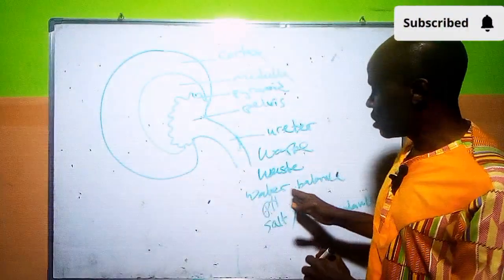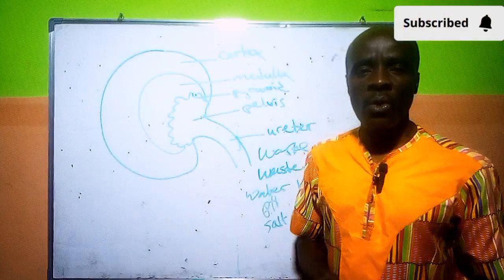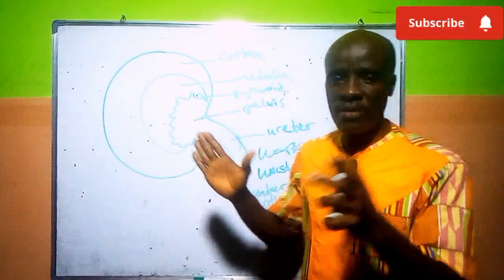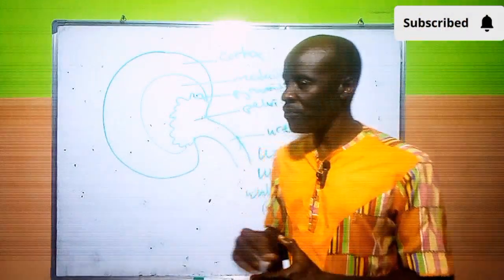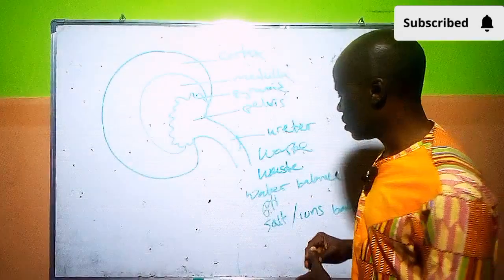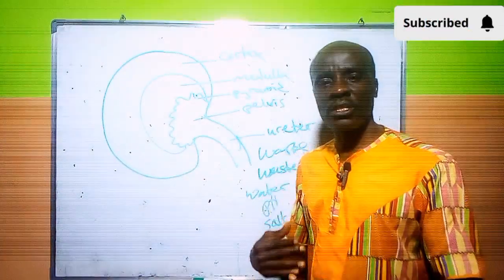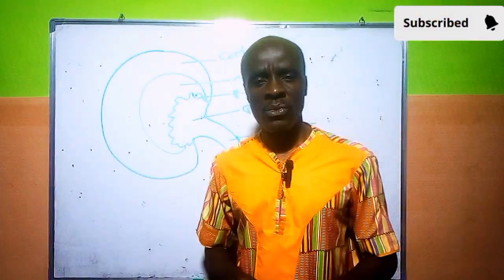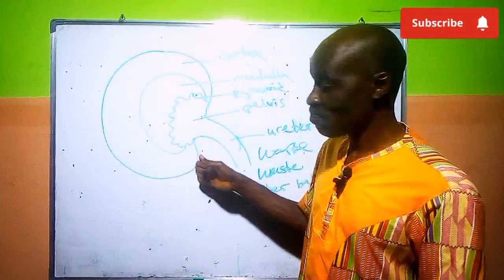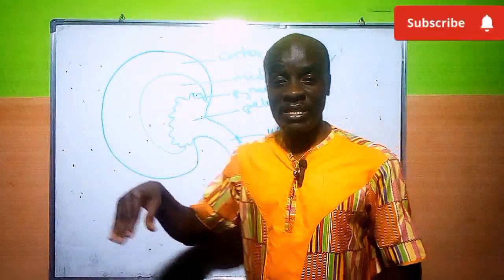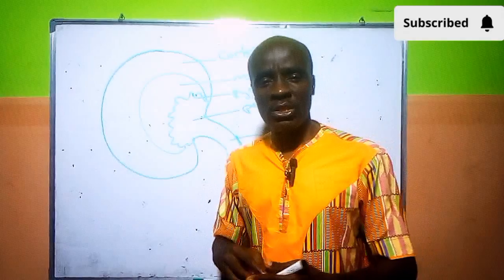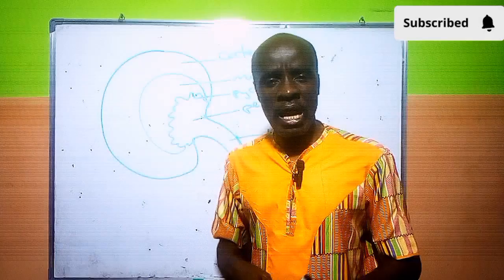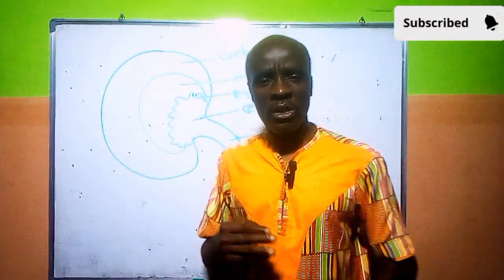So how does the kidney do this kind of work? I have to give you some brief information on how it operates. In water balance, when the surrounding of the cell is hypertonic, that is, when the concentration of salt or substances in the fluid around the cell is too much, what will happen?